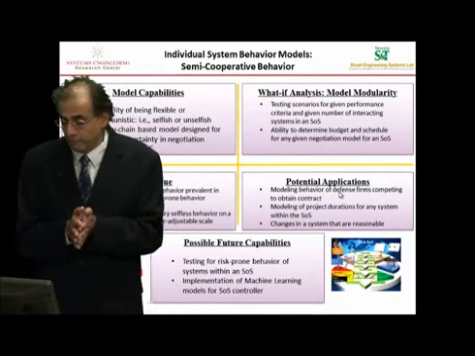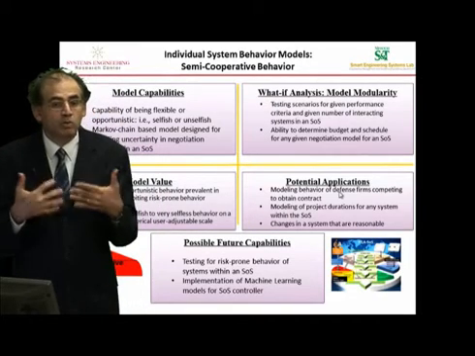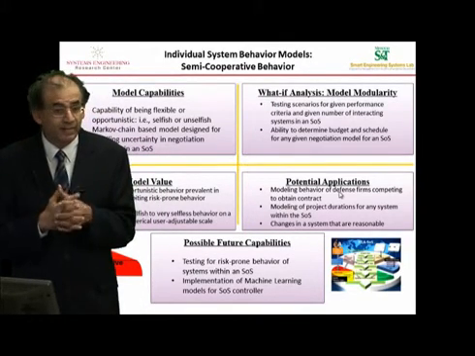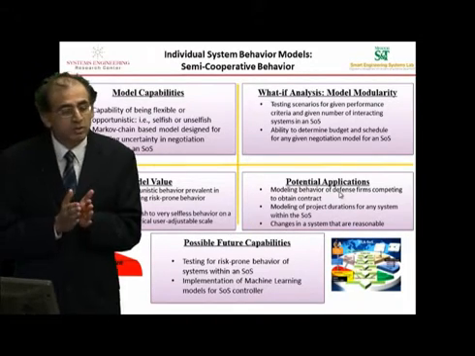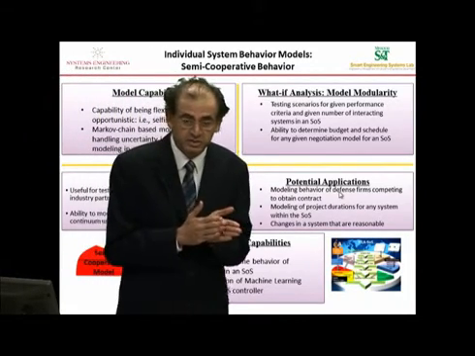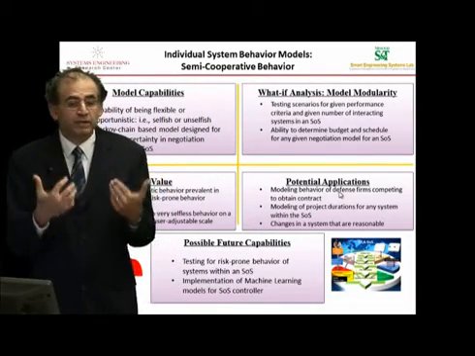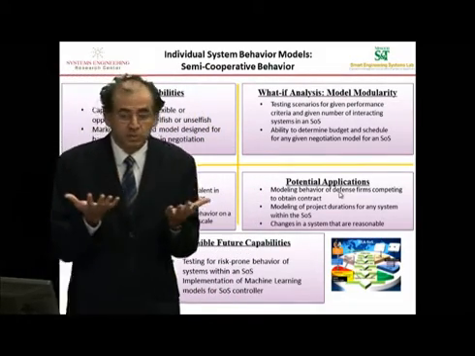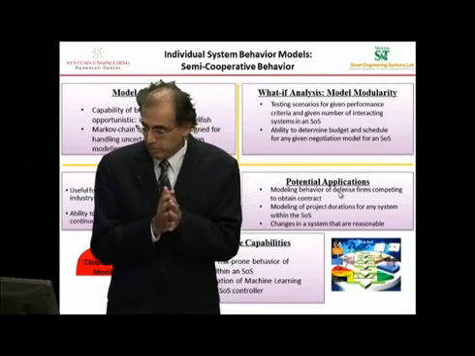The industry is full of risk-averse and risk-prone behaviors, and so we want to model that particular aspect of the system's behavior, and also the ability to model very unselfish versus selfish systems. Selfish systems will try to go for the biggest possible budget, whereas selfless systems would work with a smaller budget.